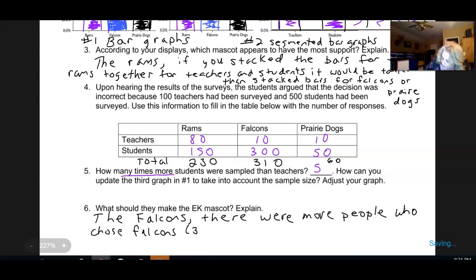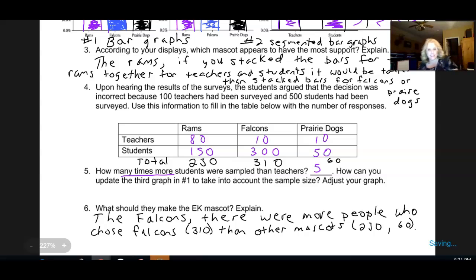There were 310 people who chose Falcons than other mascots. So compared to like the 230 or the 60, right?